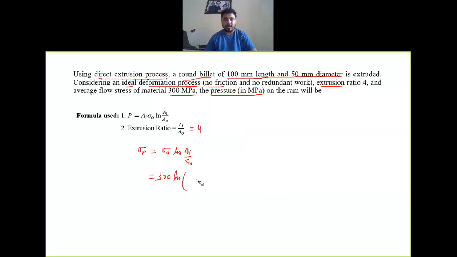So AI and AO are given here, and we put AI upon AO as 4 directly. So the result we get is 415.89 Newton per mm square, megapascal.